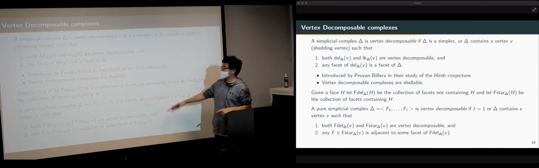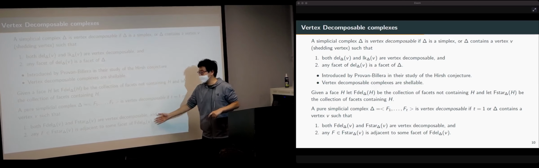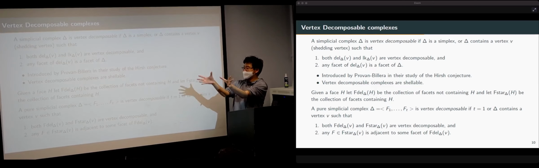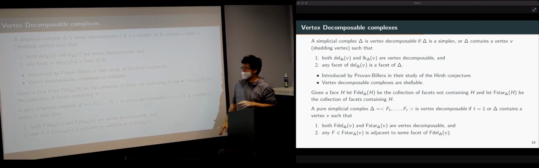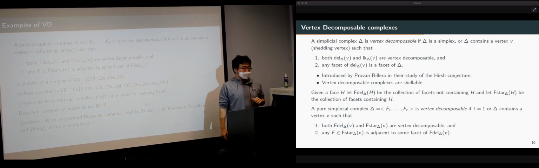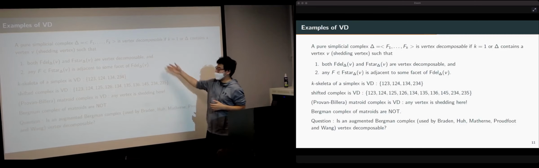So that's why we call this the gluing condition, because it's basically enforcing how the two pieces have to interact with each other. So that's the definition of vertex decomposable. Let me show you some examples. Again, this is the alternative definition, copy and paste it down.